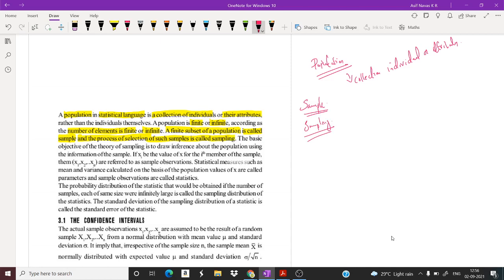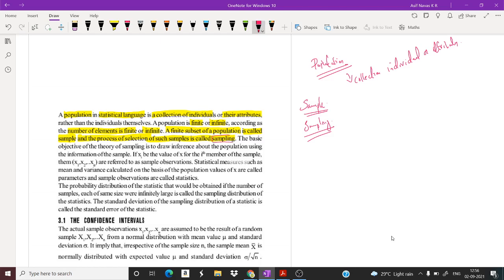And sampling is a very important topic because we do data analysis by using samples, not the whole population. We will take some samples, analyze them, and make inference about the population by using this sample.